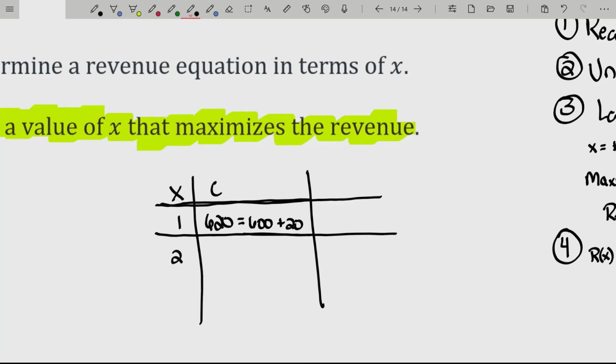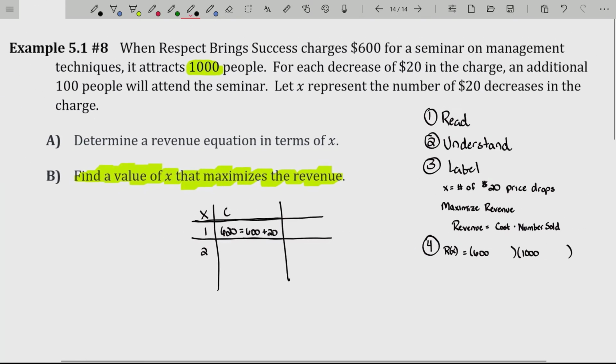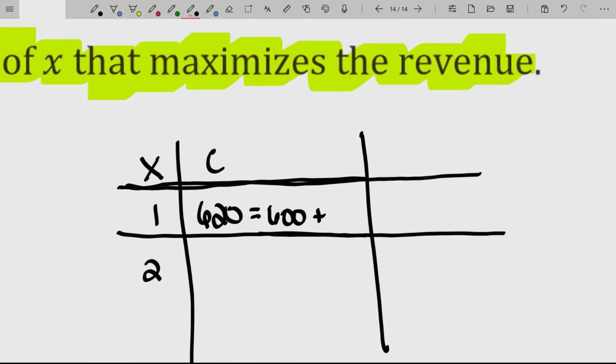If I did 2, these are price drops. I'm so sorry. These are price drops. So it's not 620, it's 580 because that's 600 minus a price drop of $20. I apologize.